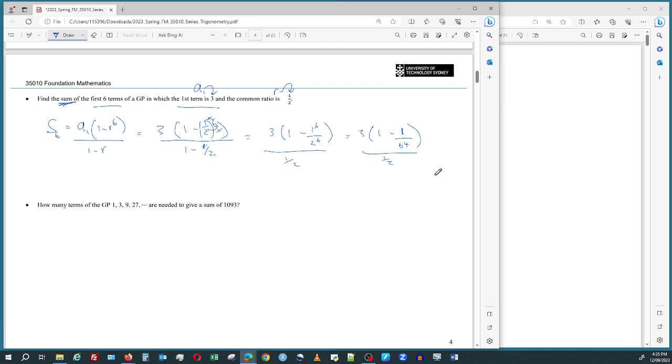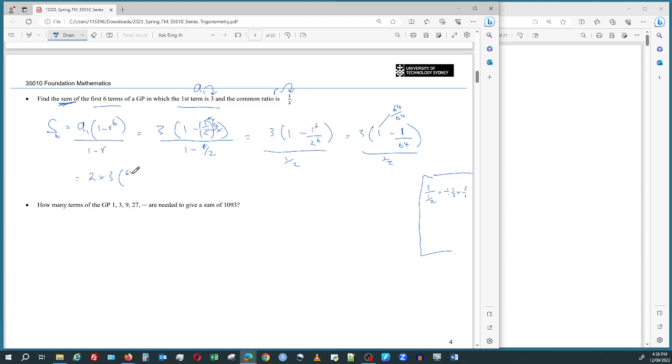Now, if we divide by a half, that's divide by a half, times by 2 over 1. So we can multiply this top line by 2. So 2 times 3. Now, what's the form of 1 to complete this? 64 over 64.